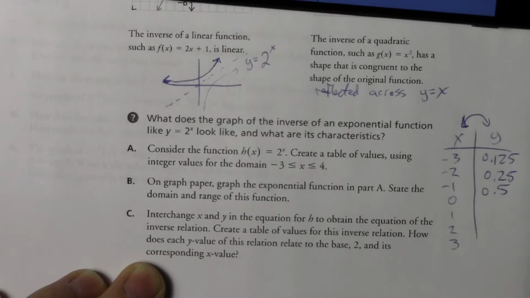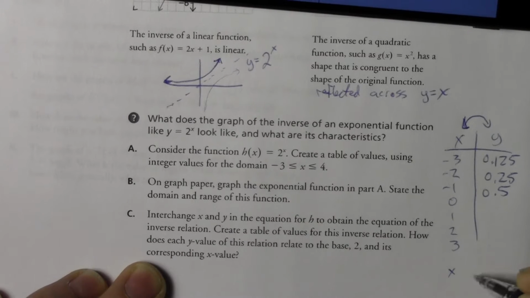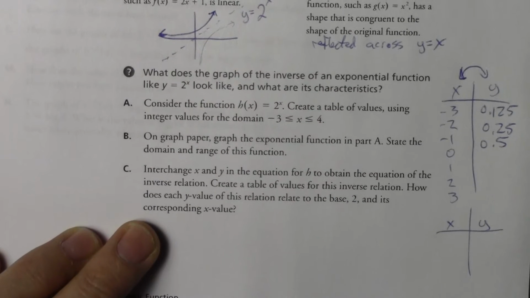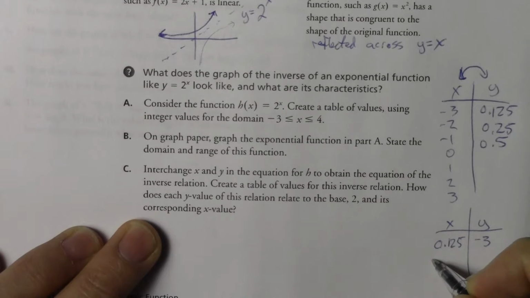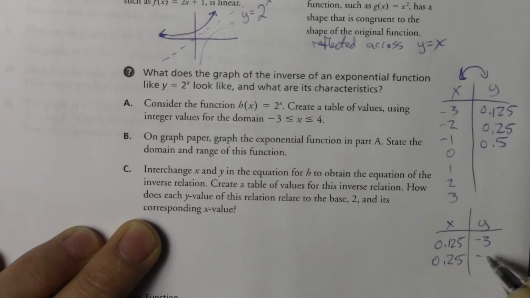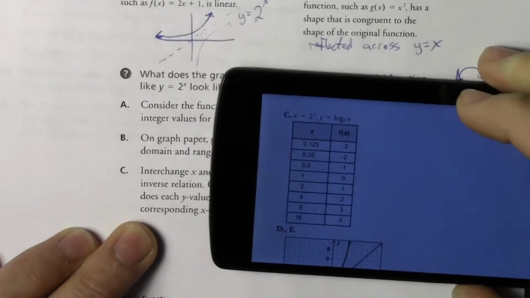Those values are just going to switch spots, and what was your y values becomes your x values, and your x values become your y values. So these would switch over, etc. Okay, so that chart looks like this.